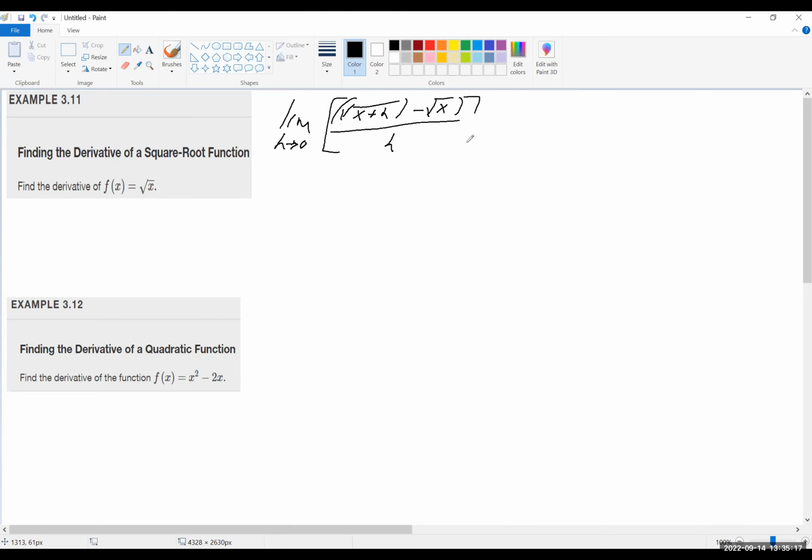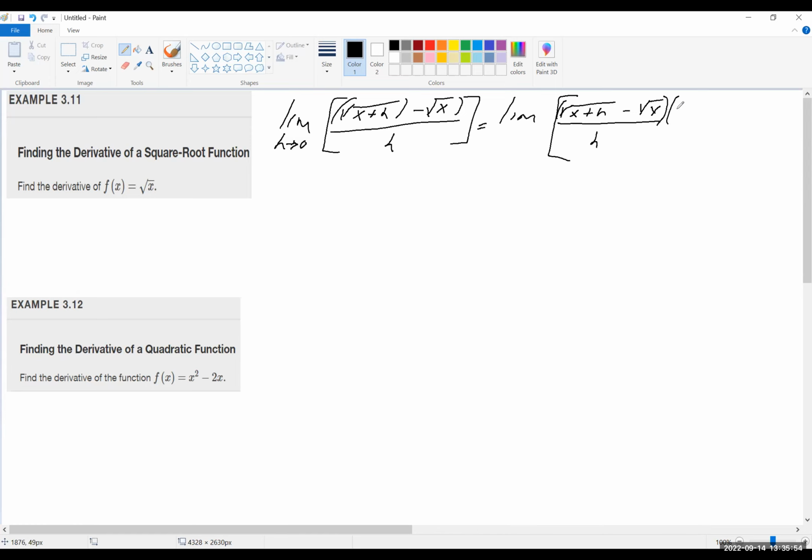Okay, now we need to simplify this because we can't directly plug in the 0 at this point. It would be indeterminate. So the way we're going to do this is we're going to take the limit brackets, and I think we've done this before, where we take a part that has a minus sign in it, and we're going to multiply by the conjugate.